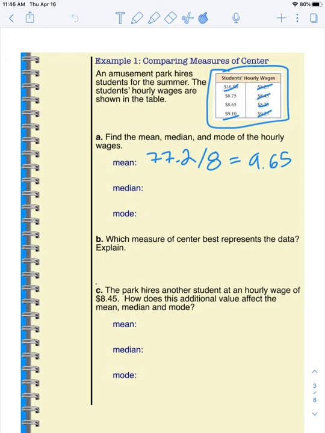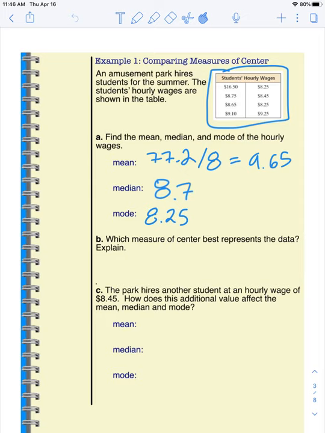Next lowest is 8.45. So then our median is going to be right between 8.75 and 8.65, or our median is 8.7. All right, and then the mode is the number that occurs the most often, which in this data set is 8.25.